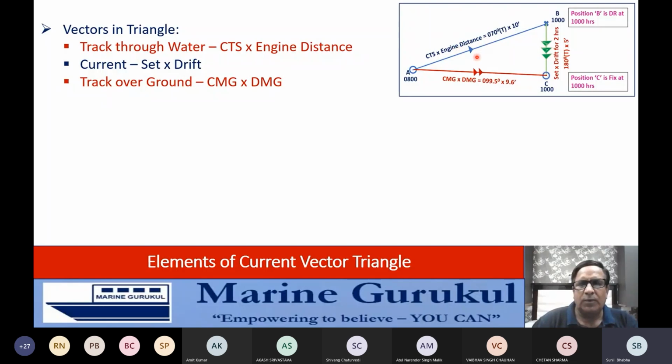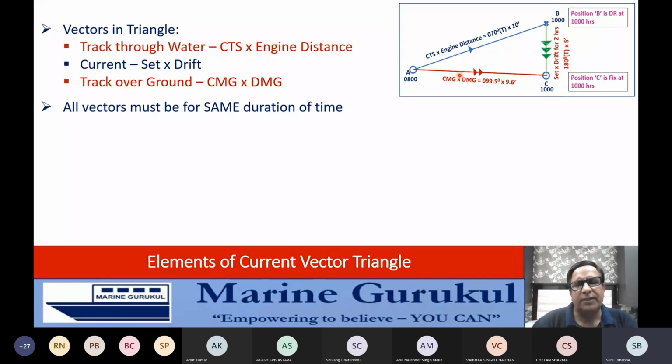CTS vector is represented by 1 arrow, current vector by 3 arrows, and course made good vector by 2 arrows. It's imperative that in this vector triangle, every vector has to be for the same duration. Whatever is the duration of one vector, all the vectors will have to have the same duration.